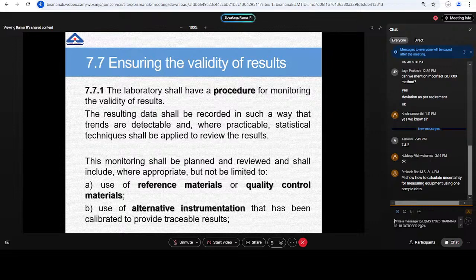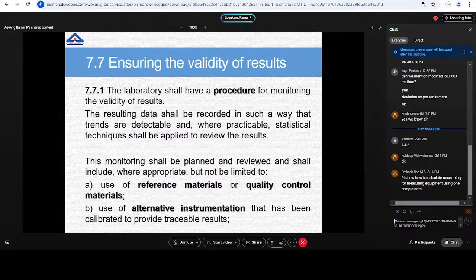One is 7.7.1, which talks about intra-laboratory activities, or within-laboratory activities. And 7.7.2 talks about inter-laboratory activities, or between-laboratory activities. So there are two types. The first one is 7.7.1, the intra-laboratory activity. There are so many activities addressed under this.